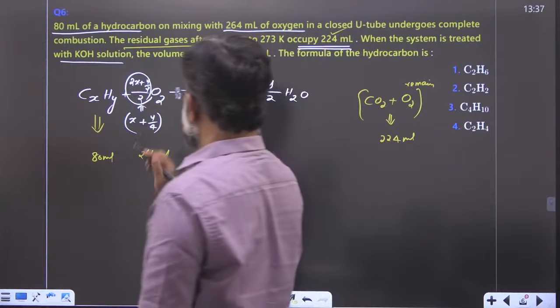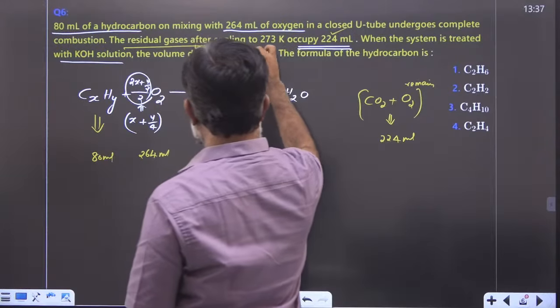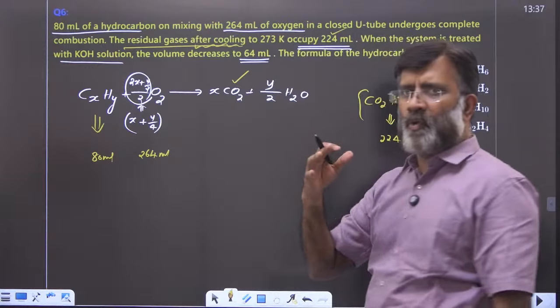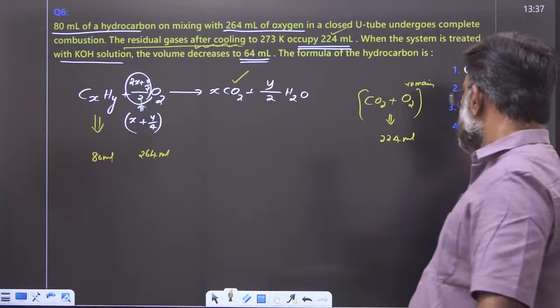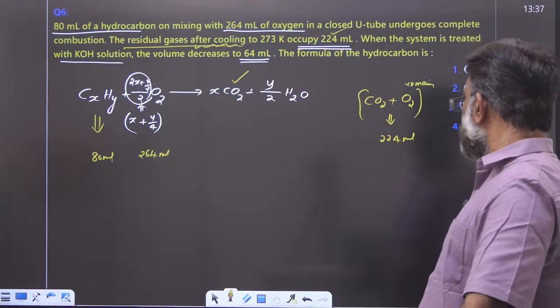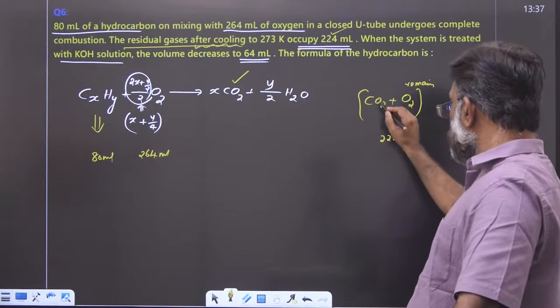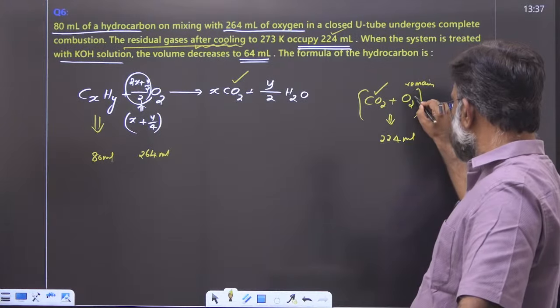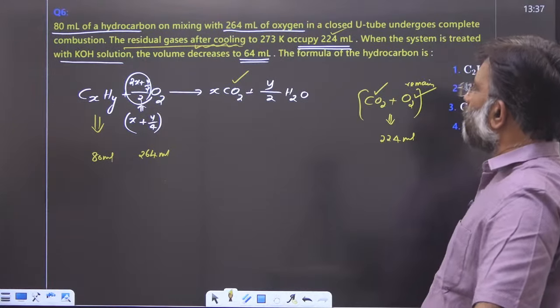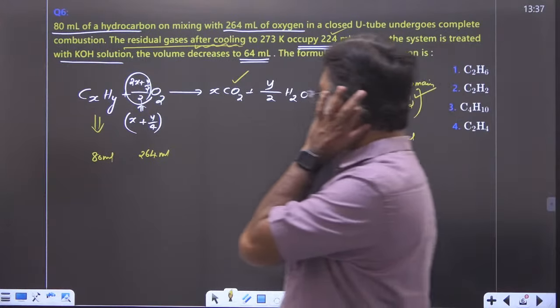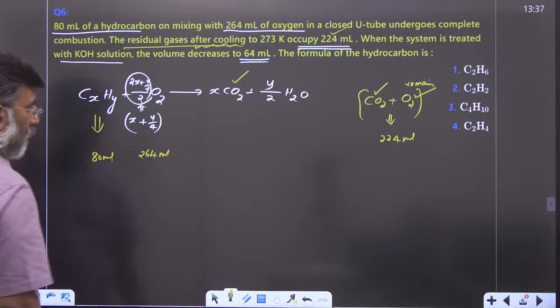Please make a note, the residual gases after cooling means H2O is cooled and removed. So the total volume of CO2 newly formed and O2 remaining is 224.